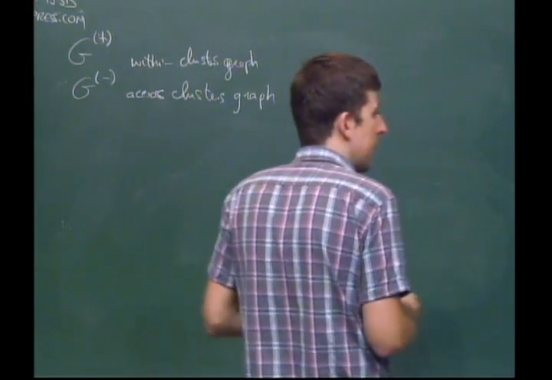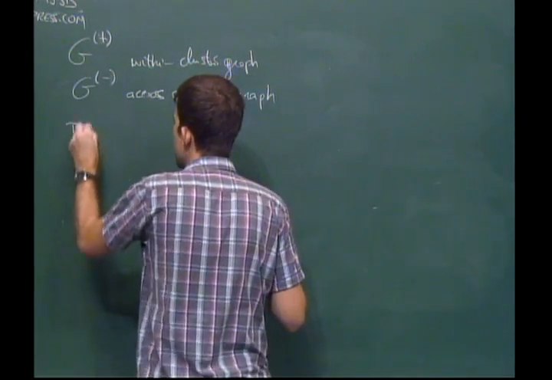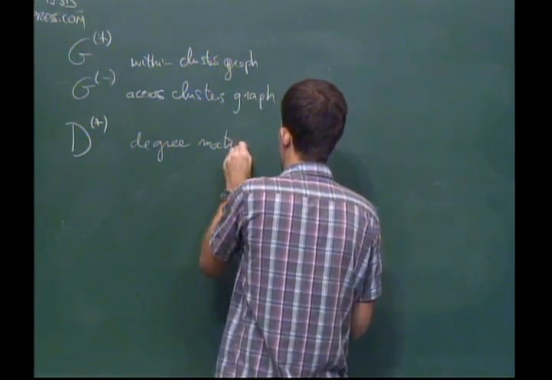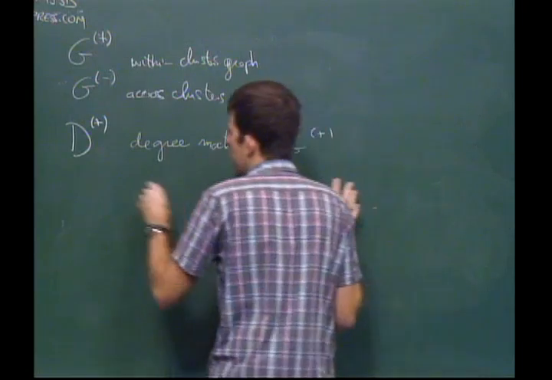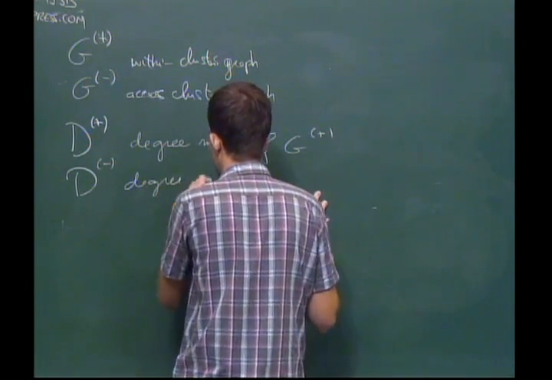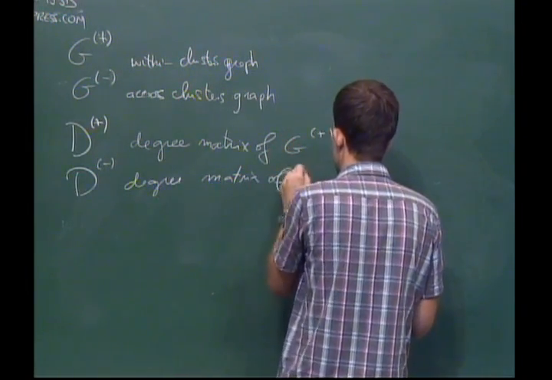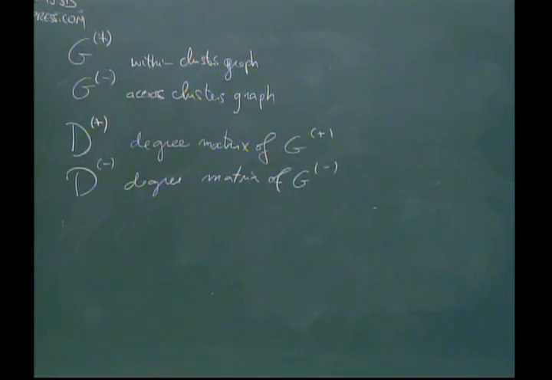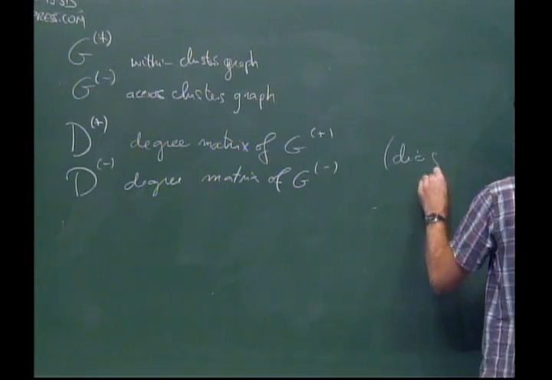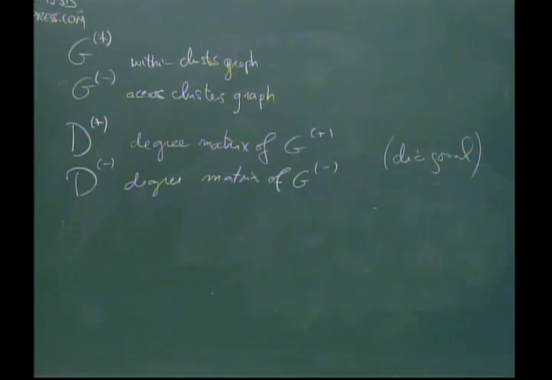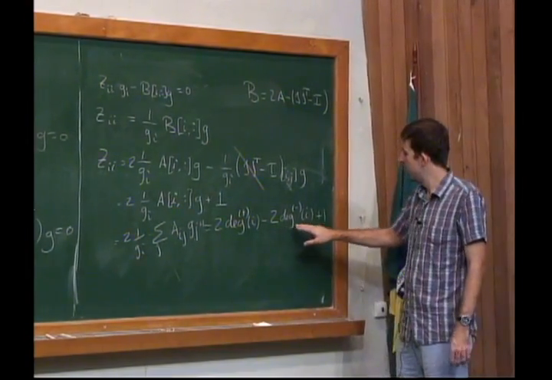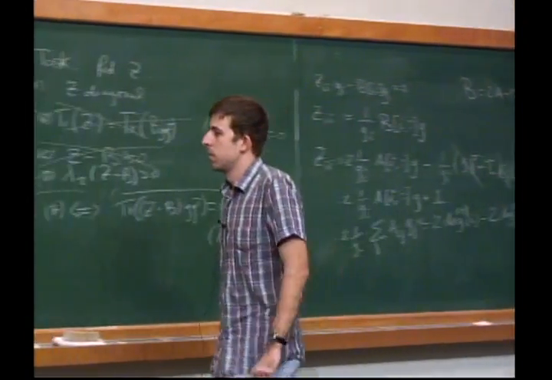Okay. And now let's define the degree matrices. D plus is the degree matrix of G plus, and D minus is the degree matrix of G minus. And this is simply a diagonal matrix where I put the degrees on the diagonal. So now we know exactly what this matrix Z is. Matrix Z is just twice the degree plus matrix, minus twice the degree minus matrix, plus an identity. Okay, so now I can write Z.